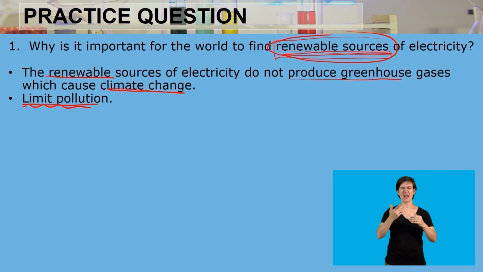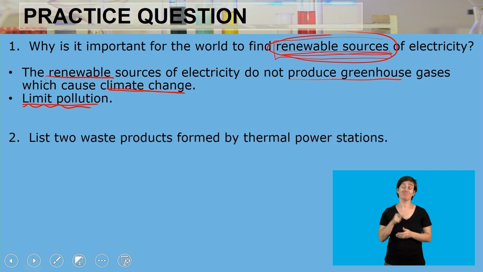So therefore, by finding alternative sources like wind power or hydro, using the hydroelectric power plant, we are going to be limiting the pollution, because none of those alternative sources are producing any greenhouse gases or causing any pollution, as there is no fuel being used in any of them. So therefore, it's very important that we find other alternative sources of electricity.